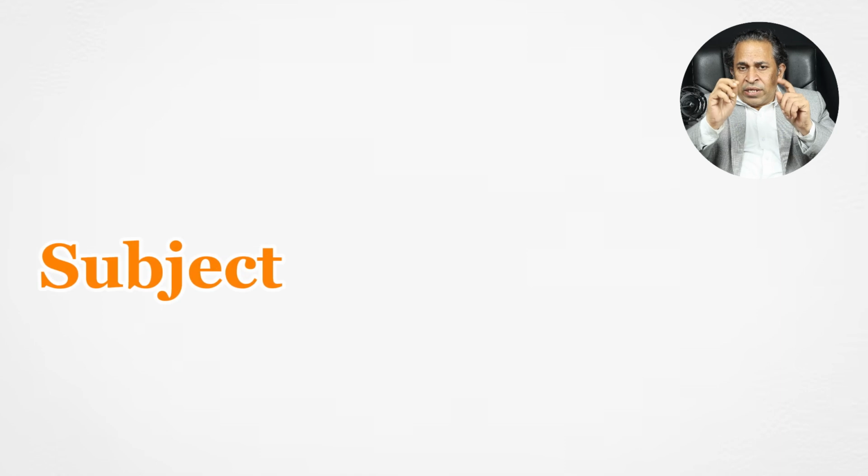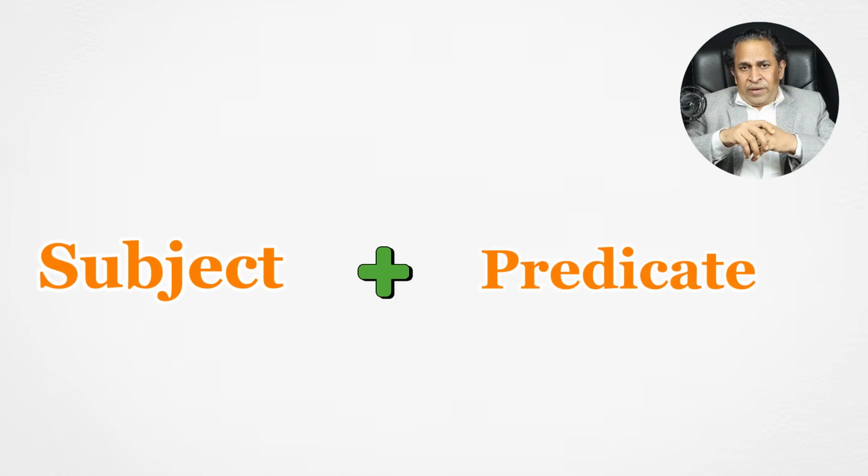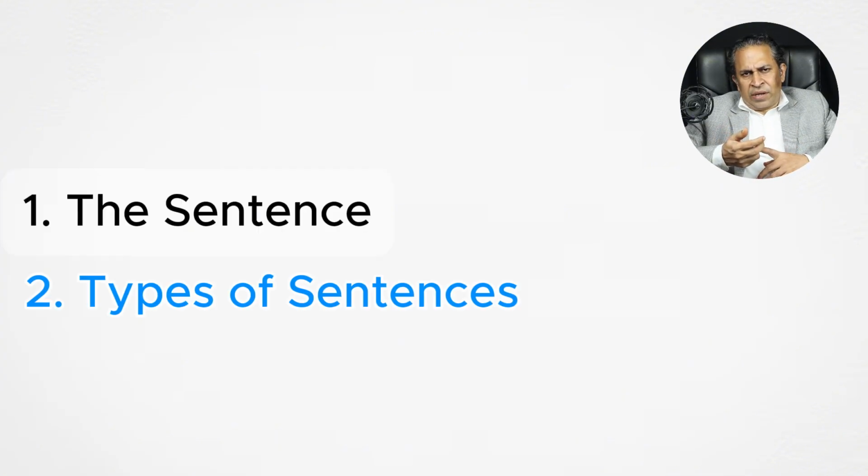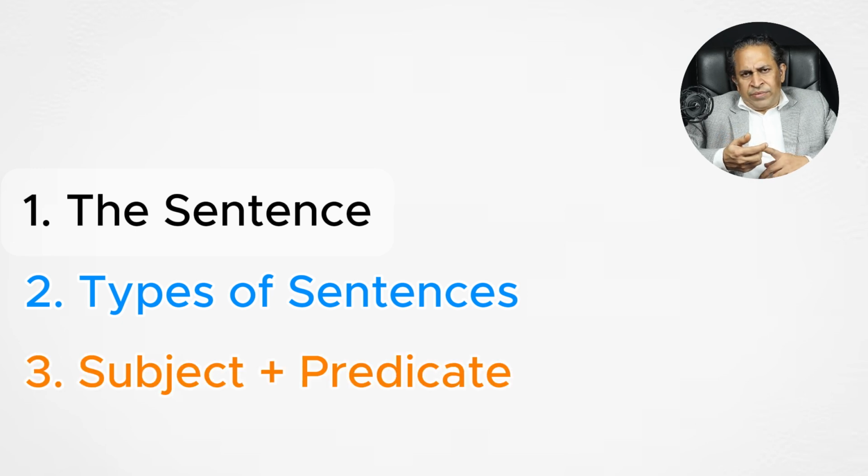They are the subject and the predicate. So remember, when a group of words gives a complete sense, there are two components, a subject and a predicate. So far we have learned what a sentence is, what the different types of sentences are, and what a subject and a predicate are, right?